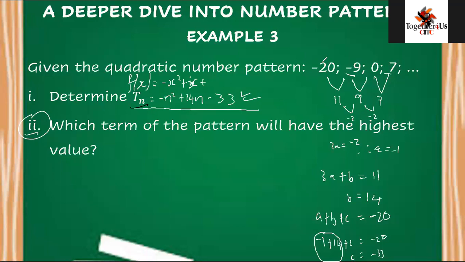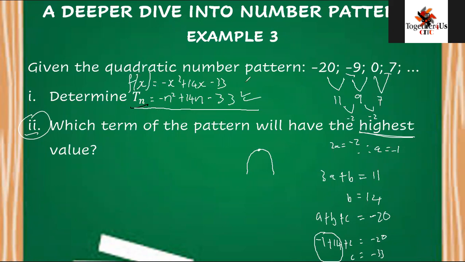Let me write this as a resemblance of a function: f(x) = -x squared + 14x - 33. If you were to sketch this function, you would have a sad face. And that is why this question is talking about the highest value, because you do have a maximum point on a parabola with a negative a.